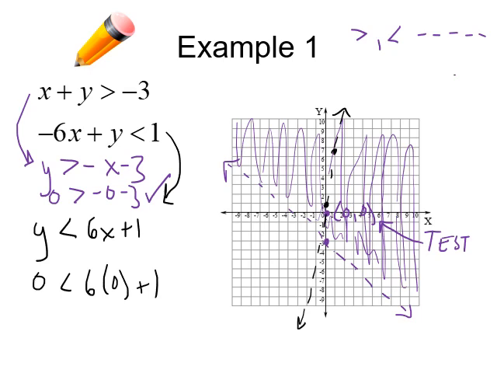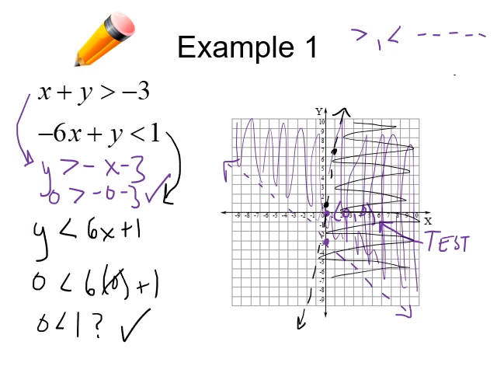Is 0 less than 1? Yes. So I'm going to again shade the region that has 0, 0, and that's this stuff on the right side of this black line. Now where those two regions overlap, that is my solution set.